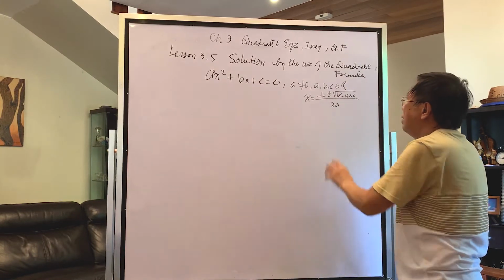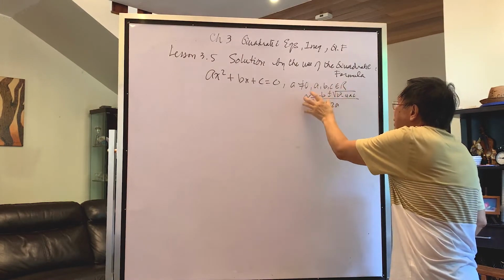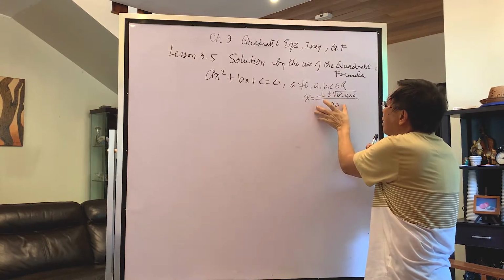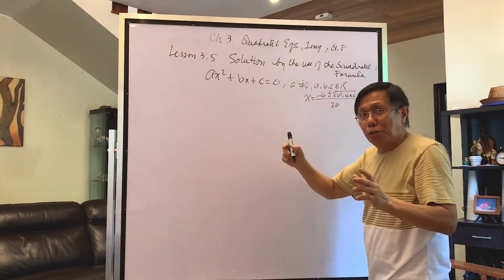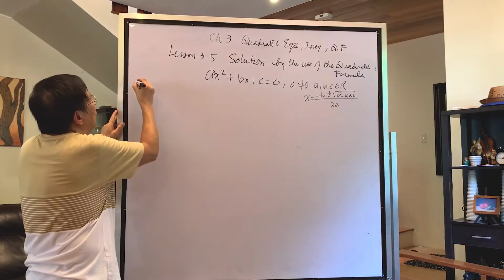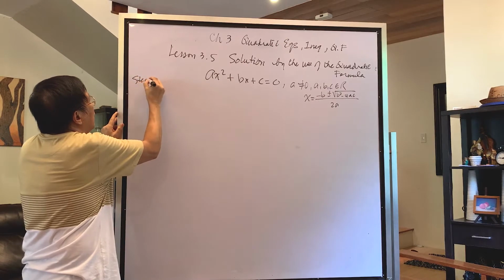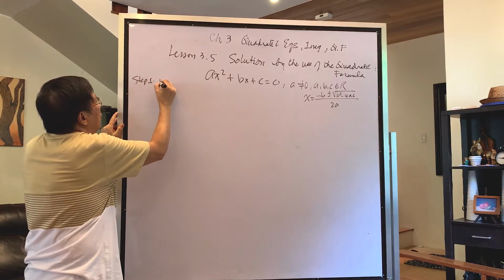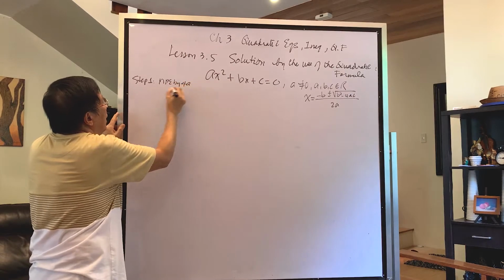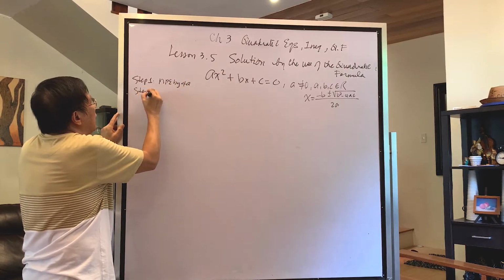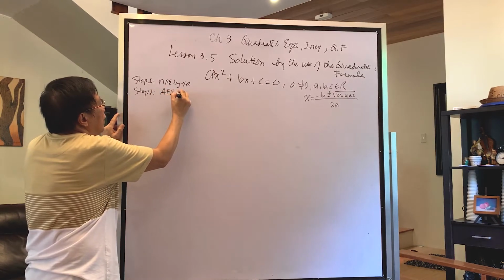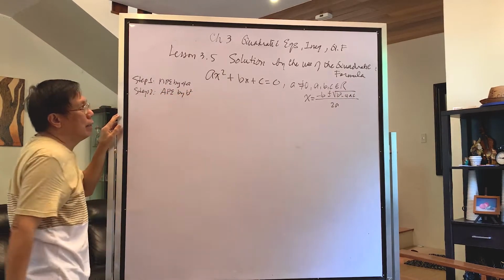Now, instead of using this immediately, let us derive this quadratic formula by another form of the completing the square method. This method consists of two steps only. Step 1, we apply MPE by 4a, and step 2, we apply APE by b squared.